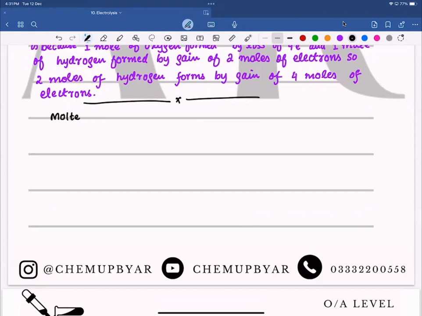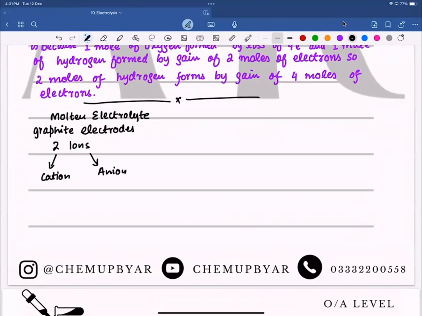Molten electrolyte: in molten electrolyte, we always use graphite electrodes, and there are only 2 ions, one is a cation and the other is an anion.